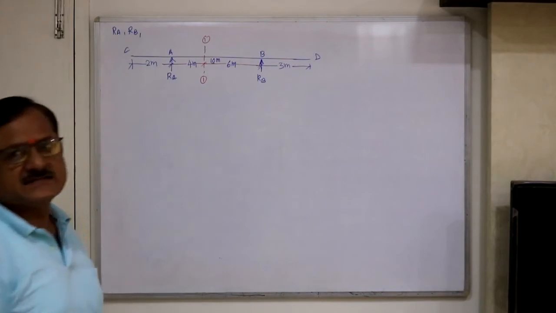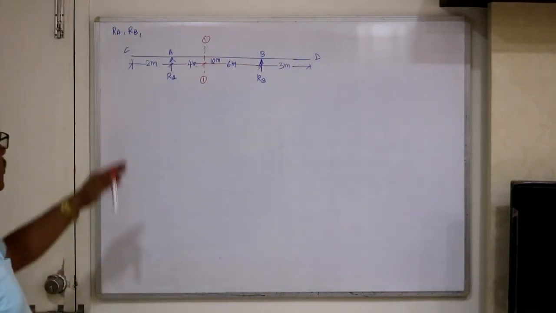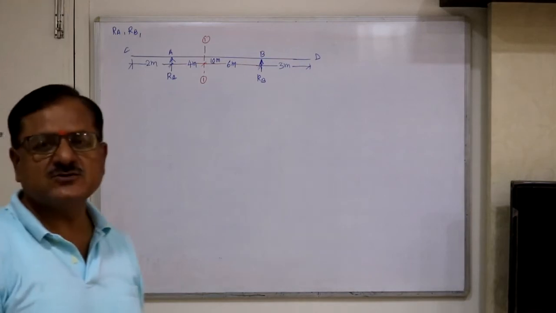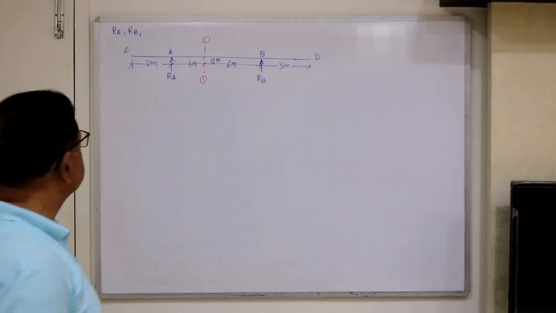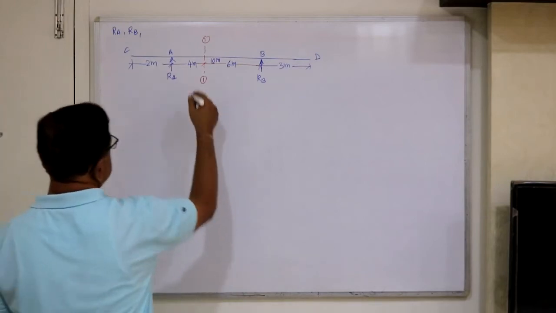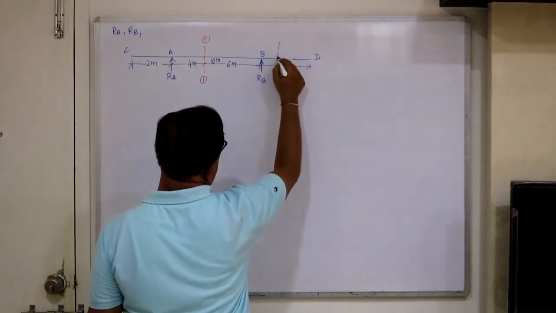So let's take this simply supported span 10 meter, overhang on left side 2 meter, overhang on right hand side 3 meter.